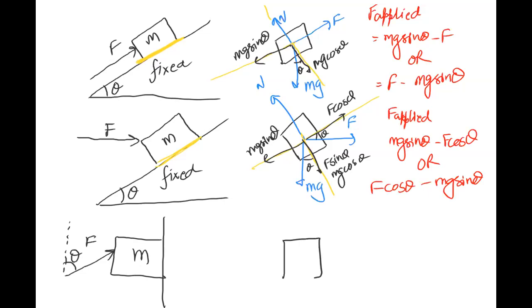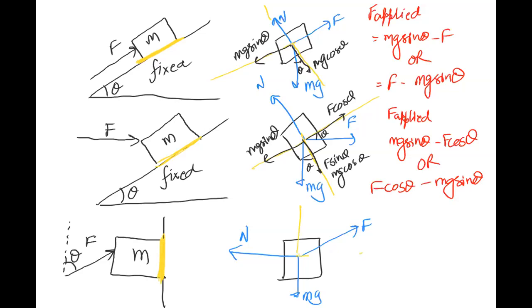Finally, for this guy, the forces acting must be normal reaction, mg and F. But this time, मेरे को लगा पहले वाले का बोल रहा है हार्दिक. This time the surface is this.